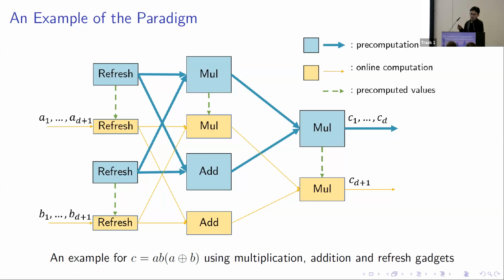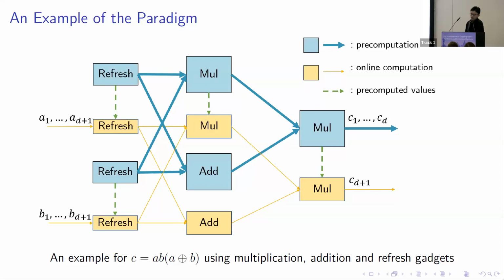They take input shares with index from 1 to D and produce output shares with index 1 to D. For multiplication and the refresh gadgets, they produce some pre-computed values. But it should be noted that addition gadgets do not produce pre-computed values, because they are just share-wise operations.